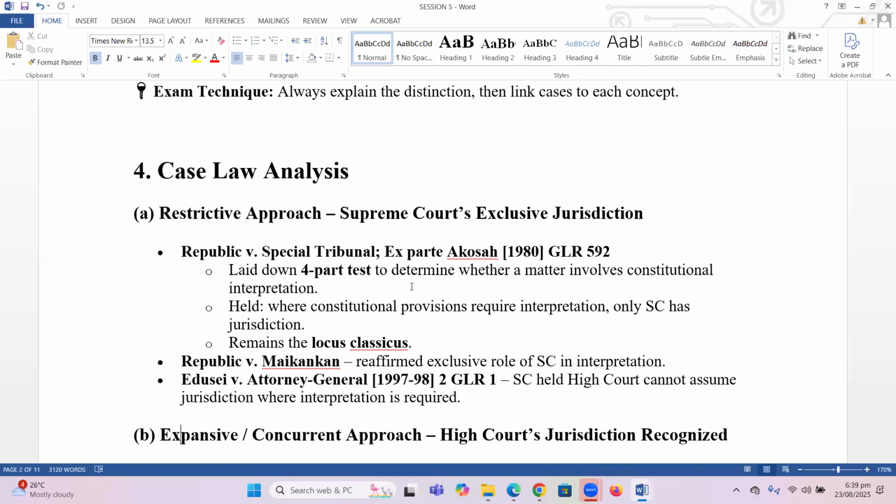Of course, you remember the case of Abel Edusei, Edusei versus the Attorney General, in which the Supreme Court once again affirmed the exclusive jurisdiction of the Supreme Court with respect to interpretation, and that when it comes to enforcement of human rights, it is the High Court which has jurisdiction.